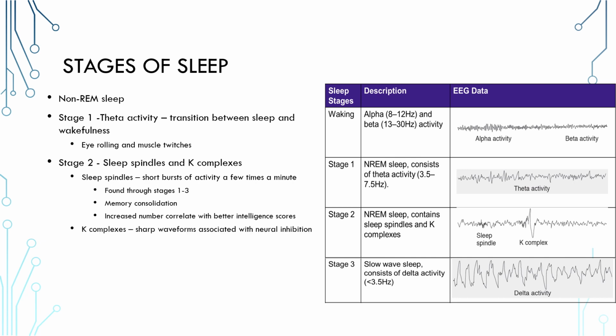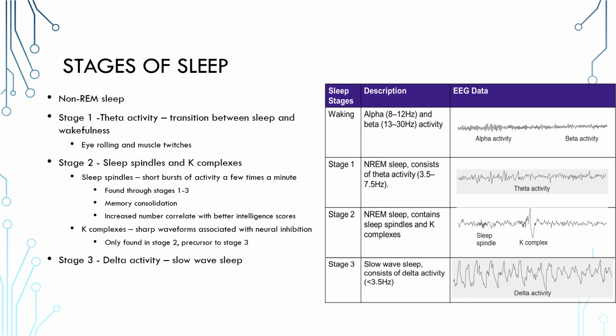The K complexes, again, are these sharper waveforms. We think that these are associated with what's called neural inhibition. This is only found in stage 2 sleep, and it seems to be kind of a precursor right before someone moves into stage 3. It could be a way of keeping someone from waking up.